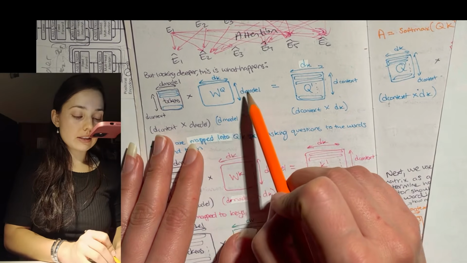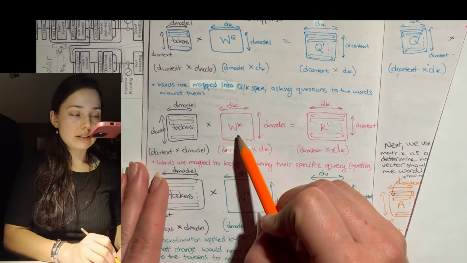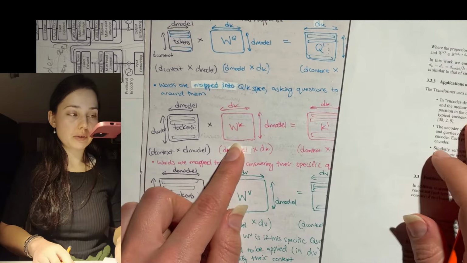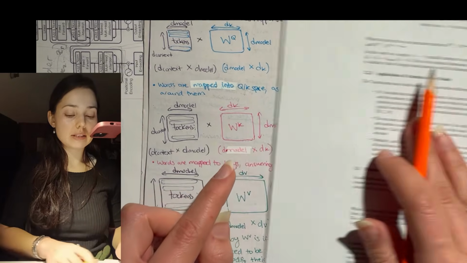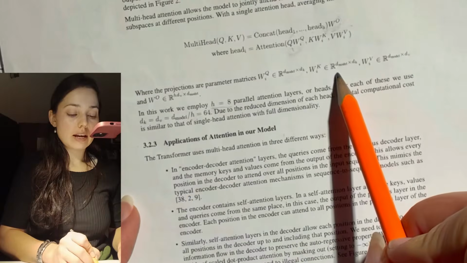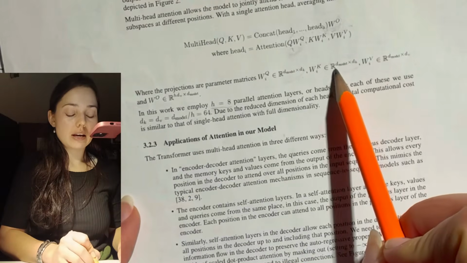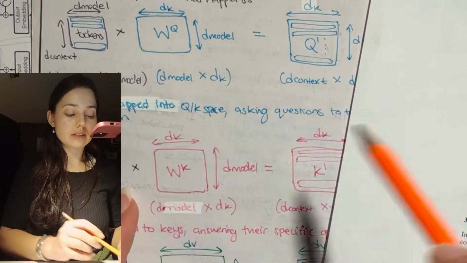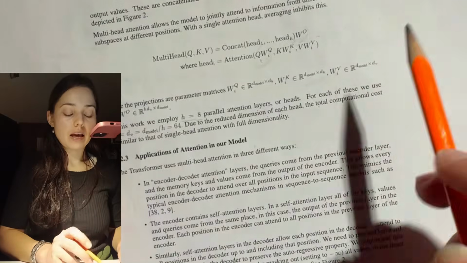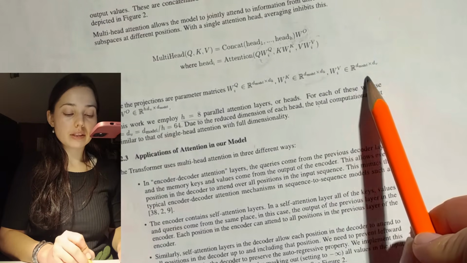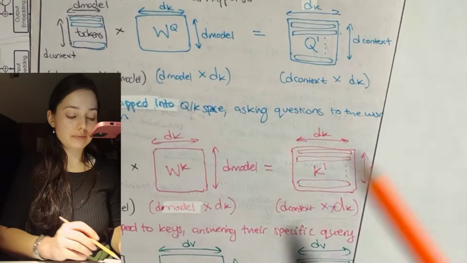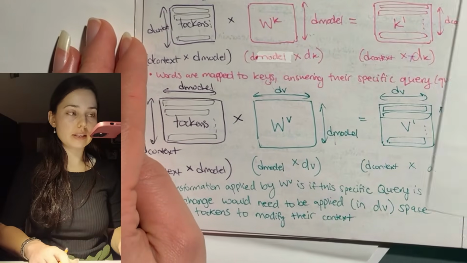Same with this WK matrix that maps the embeddings into the key space, and again, it's written here to be d_model times dk. This is how it looks. And then the last one is WV, which is d_model times dv, depicted here.